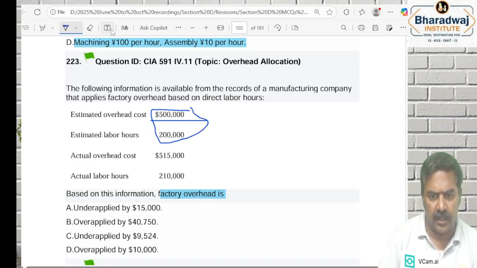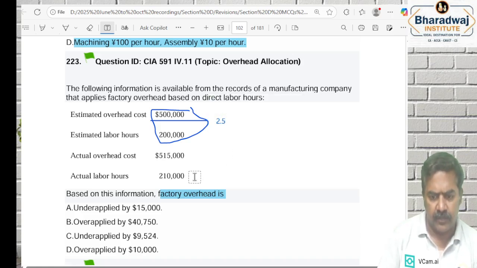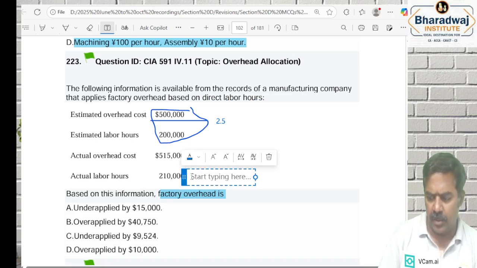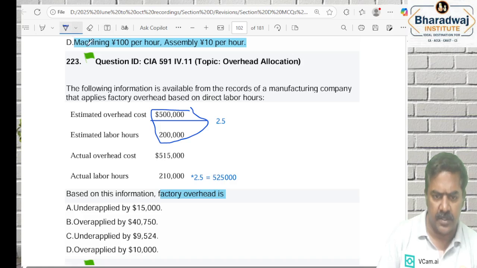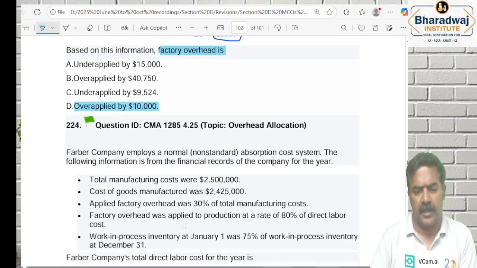Then into actual labor cost, into 2.5, how much you get? 5,25,000. This is the applied overheads, and 5,15,000 is the actual overheads. So we over applied. Applied overheads are more than actual overheads. So over applied by 10,000.